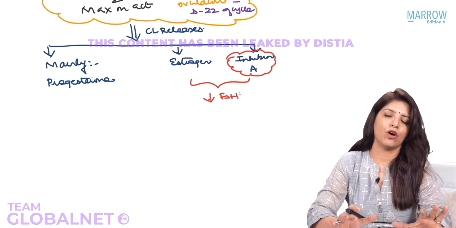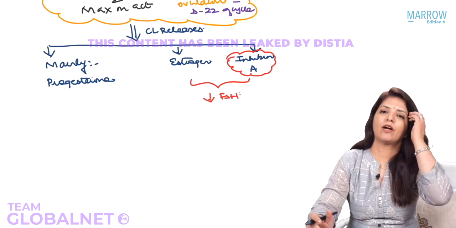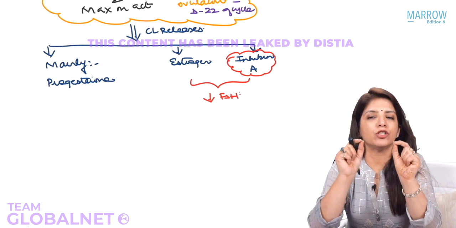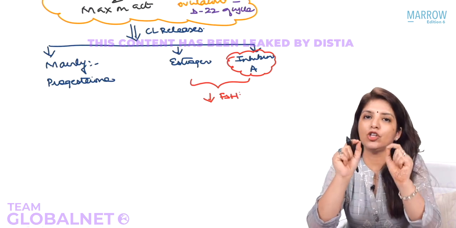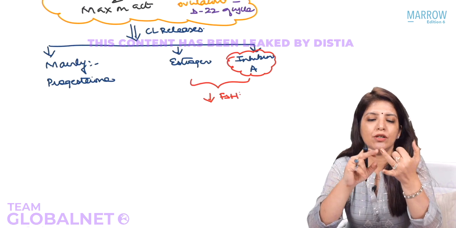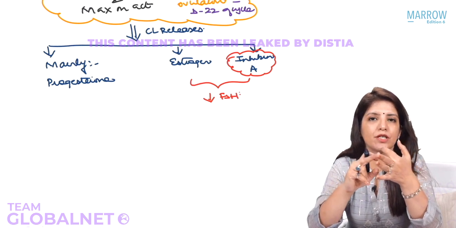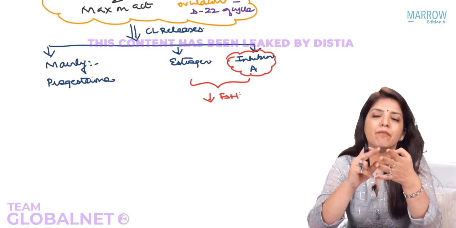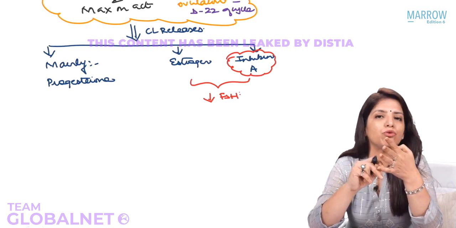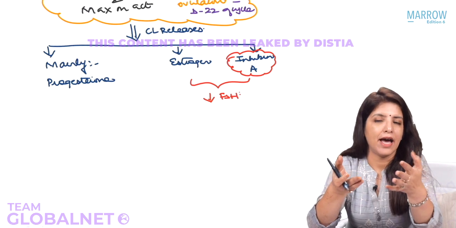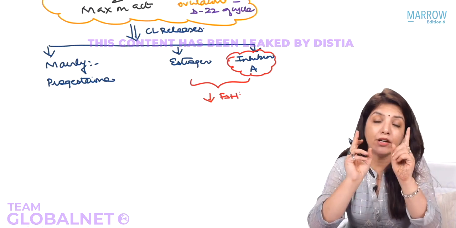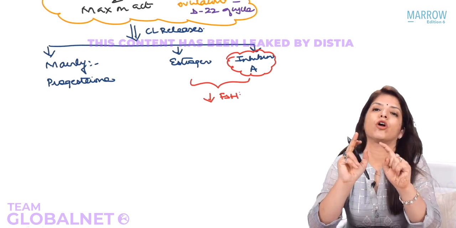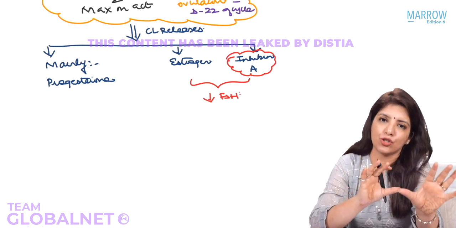Let's concentrate on progesterone. But before talking about progesterone, suppose you get a question which says corpus luteum secretes, and in the options you have option A estrogen, option B progesterone, option C both, option D none. What are you going to mark? Both, right? But if your question is corpus luteum mainly secretes and the same options are there, then you are going to write the answer as progesterone, because mainly corpus luteum secretes progesterone.